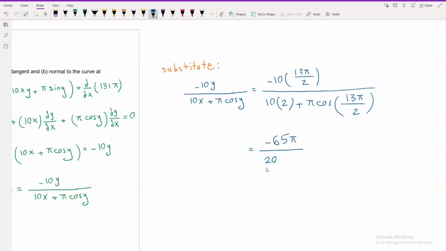Denominator: 10 times 2 is 20 plus pi cosine 13 pi over 2, which is 0. So we can simplify by dividing numerator and denominator by 5. On top we have negative 13 pi divided by 4.